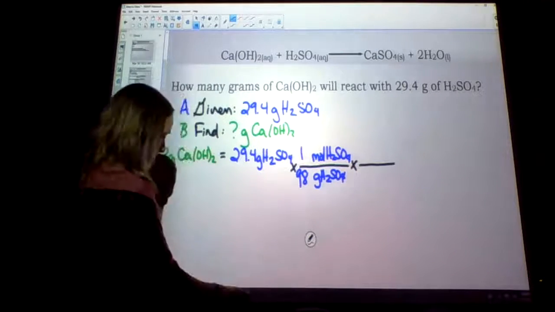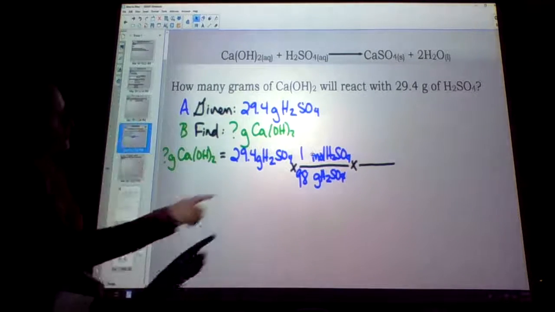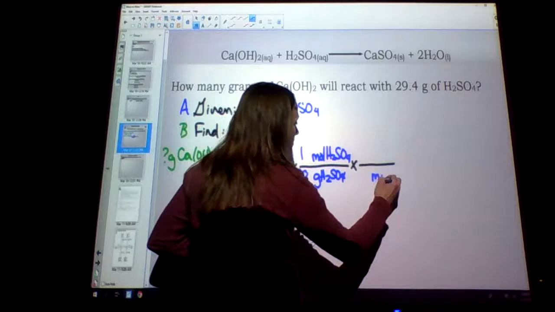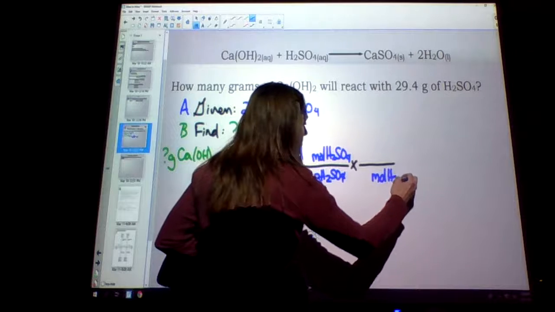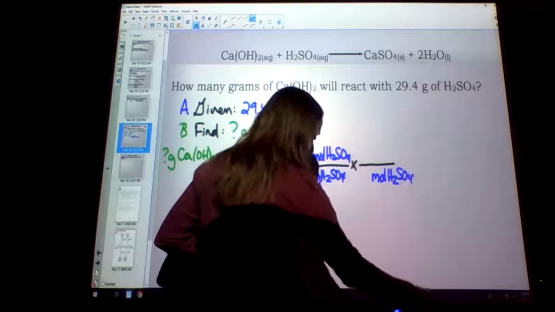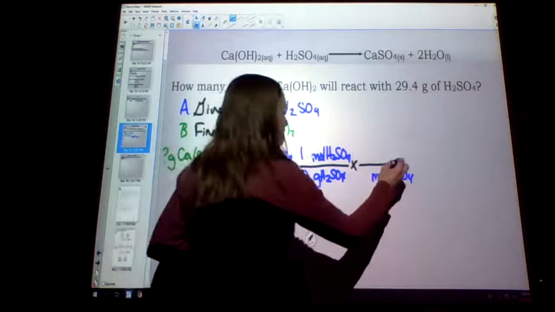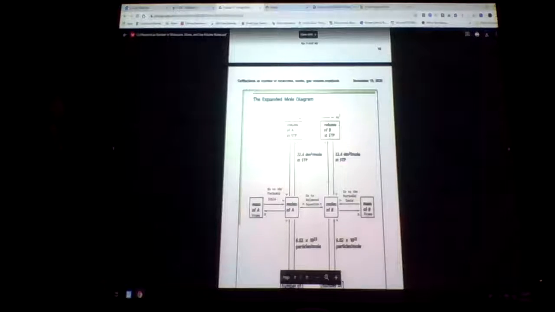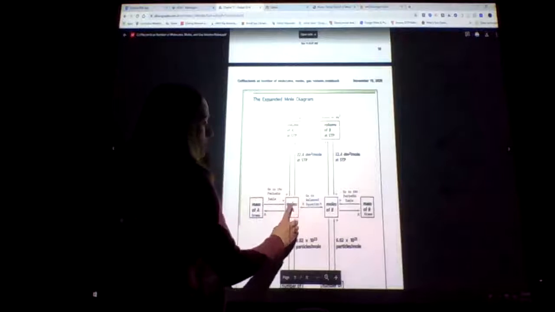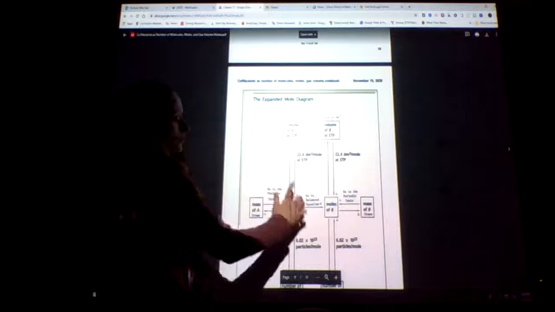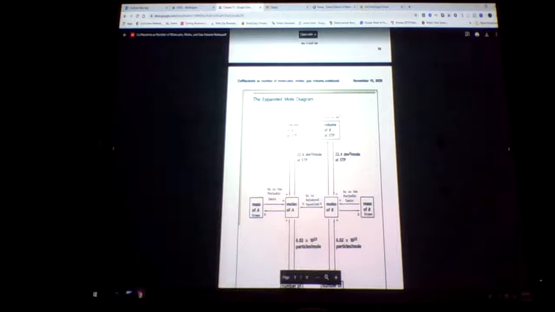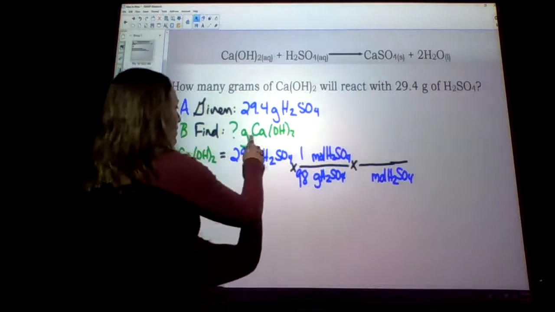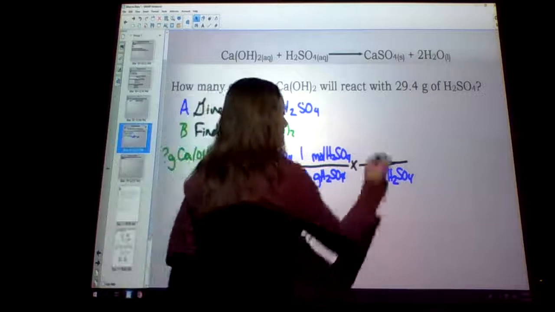You're ready for your next equality. If we want moles of H2SO4 to cancel, that will go in the bottom. Looking at your mole diagram, we're at moles of A, so we're going to go to moles of B, or moles of H2SO4 to moles of your calcium hydroxide.